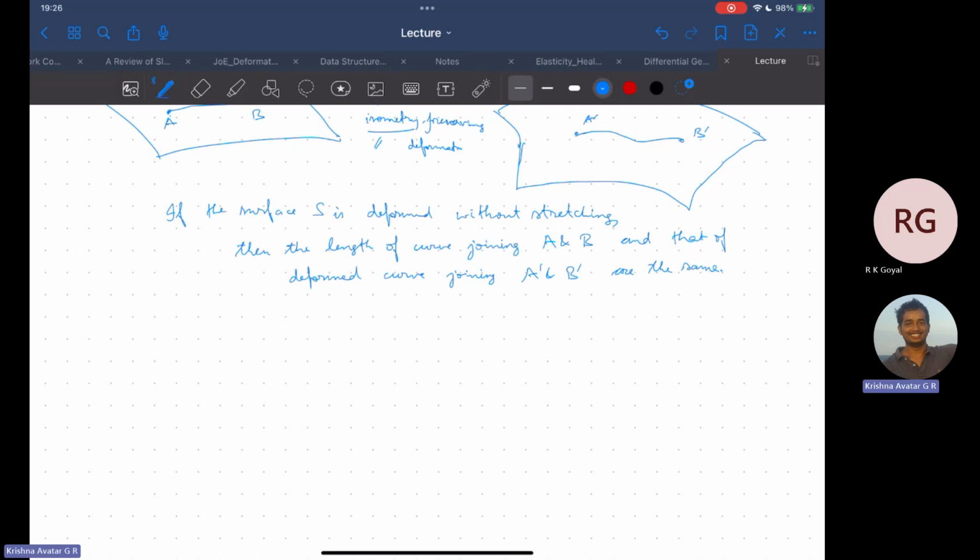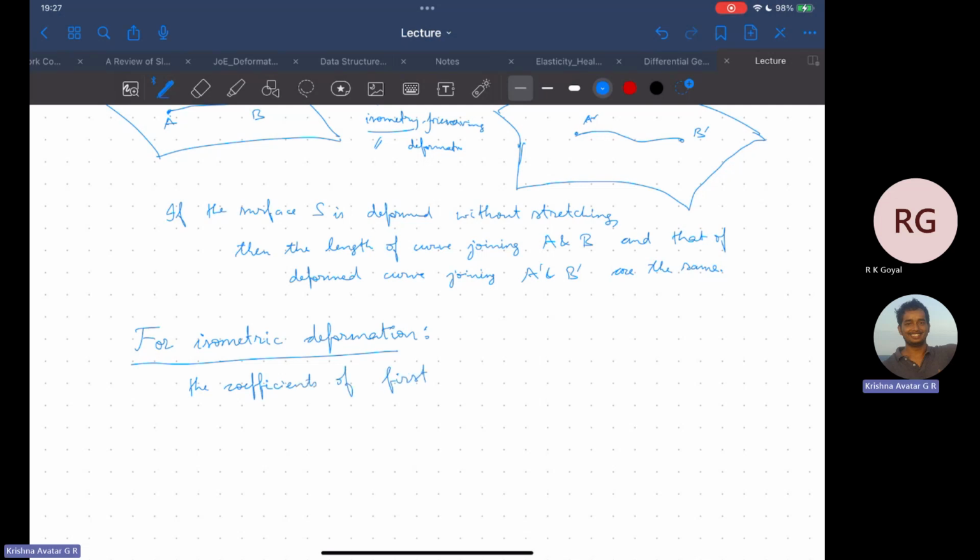So the requirement for an isometric deformation is that the coefficients of the first fundamental form.